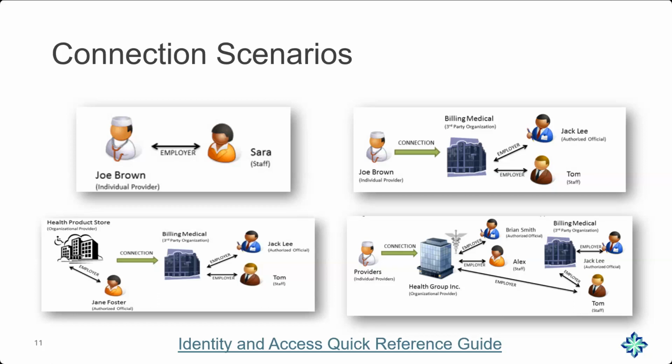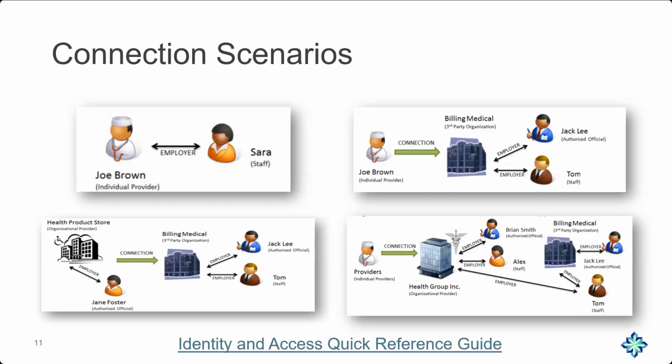They all have a direct connection through that health group incorporated, but they may also have a business relationship with billing medical, and billing medical may also be doing some of their credentialing, maybe doing some of their billing. The billing medical staff would be submitted and created as surrogate users. So there's levels to this, and it's all about that relationship.